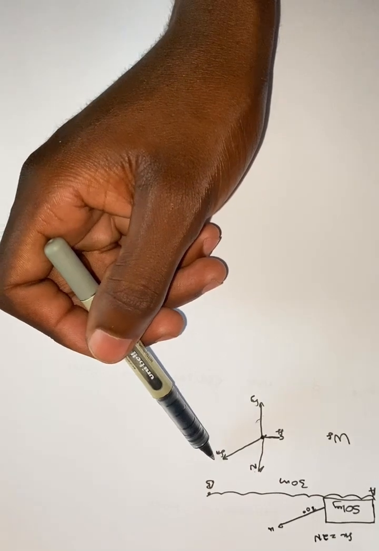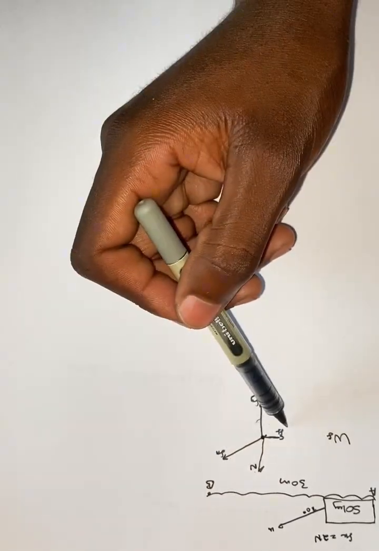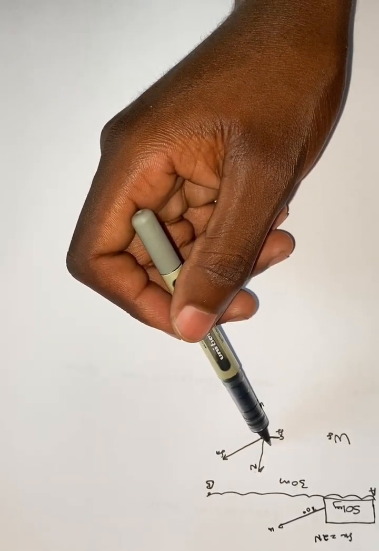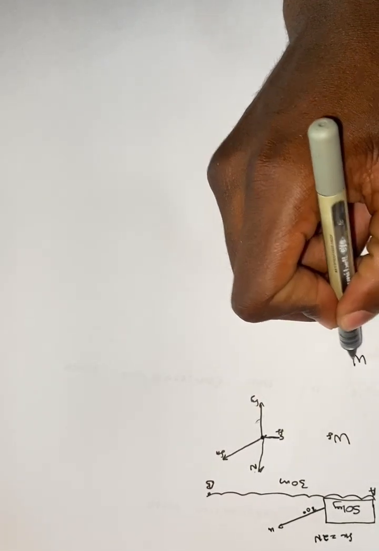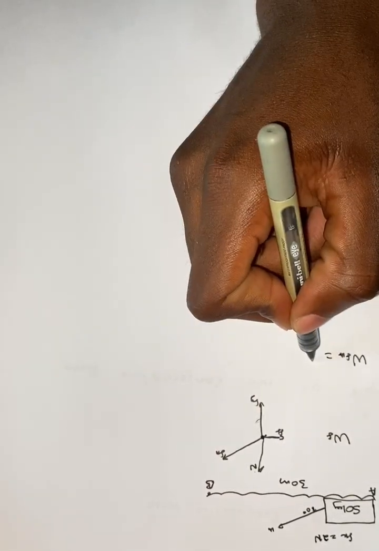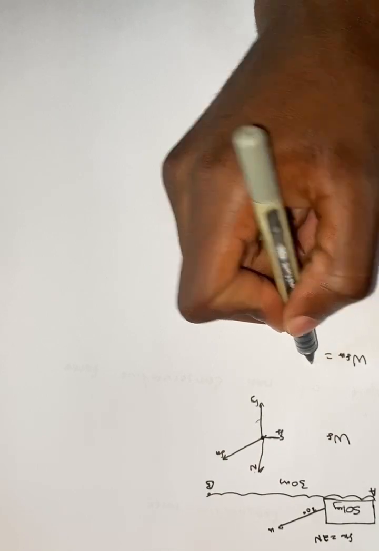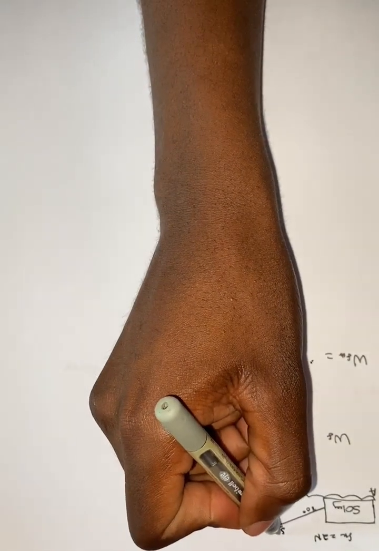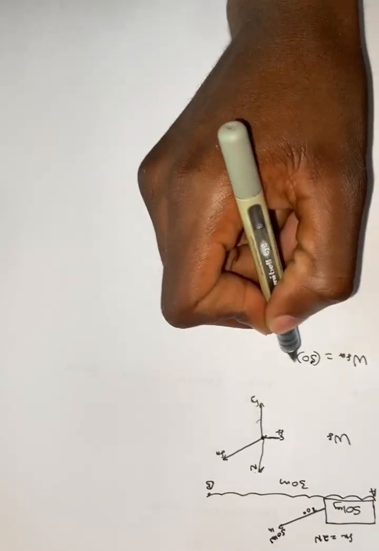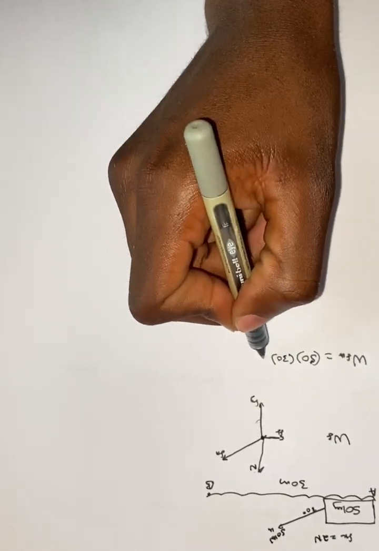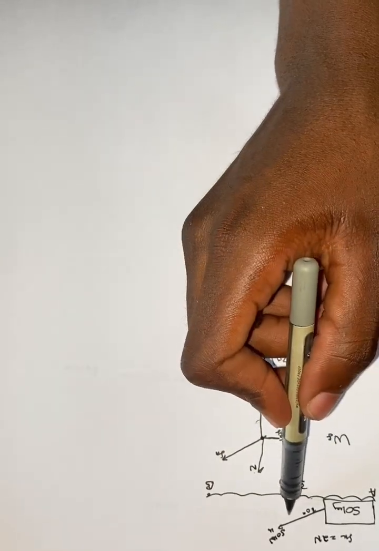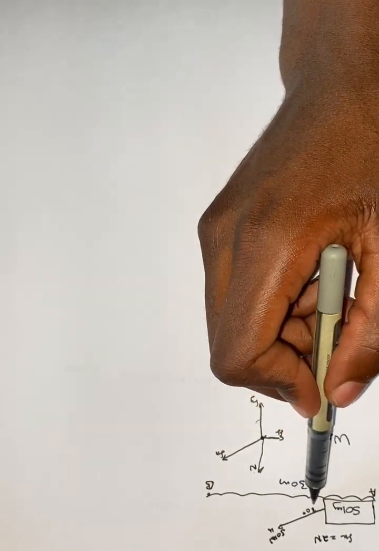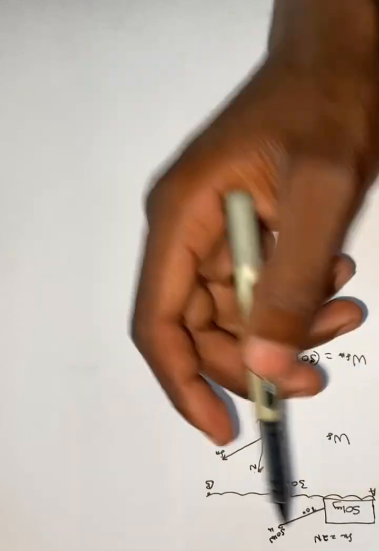We will only calculate the work done by the force applied and the work done by the friction force. The work done by the force applied will be F, which will be given, maybe it is 50, using the same values. It will be 50, change in x is 30, cos theta. Theta is the angle between the displacement and the force, which is 30 degrees.